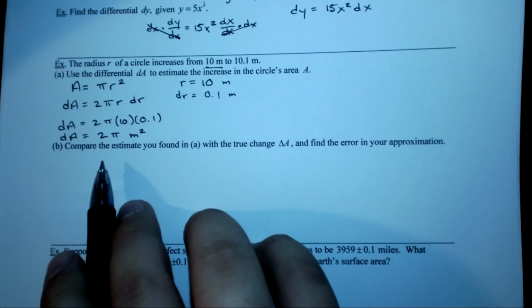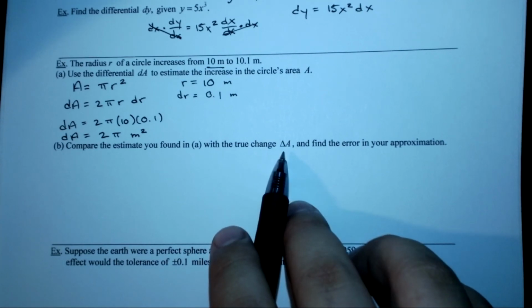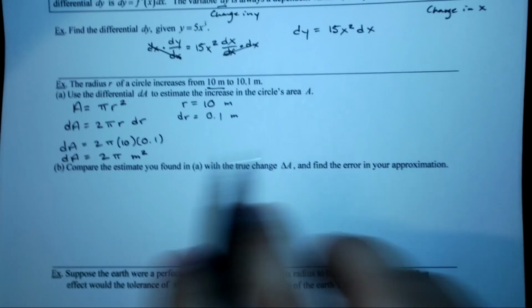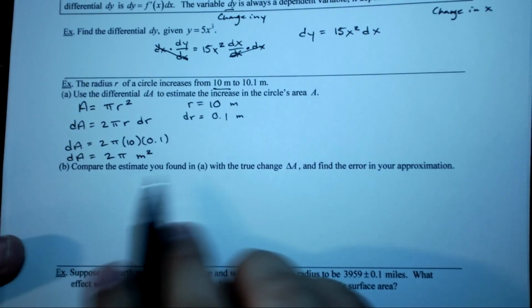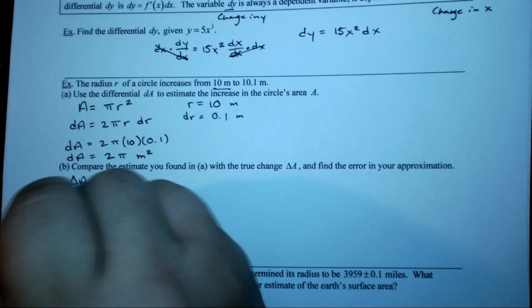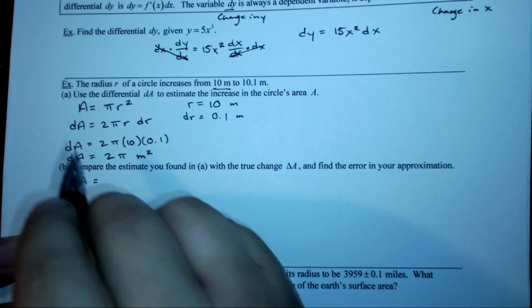It says compare the estimate you found in A with the true change delta A and find the error in your approximation. Now, this one you really have to think. We have to figure out what the true change, delta A, is. I'm going to write it a very specific way so you can understand what's happening.